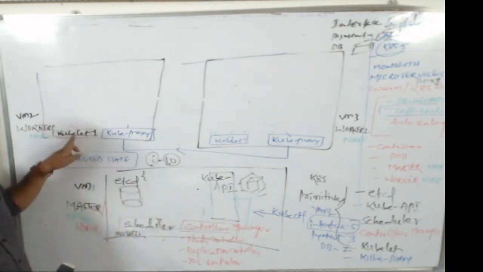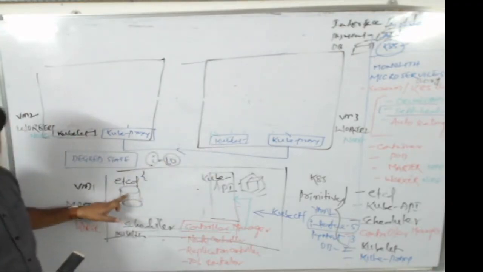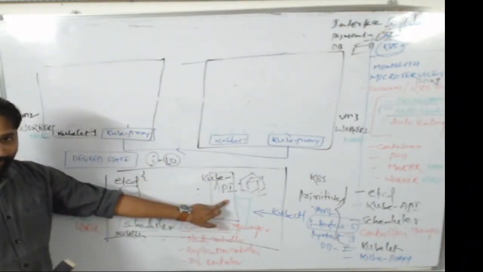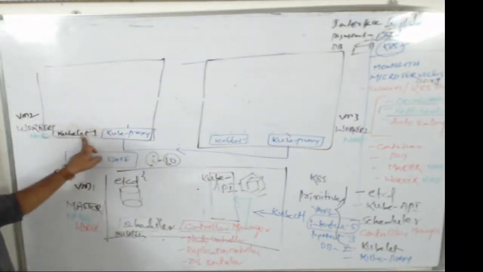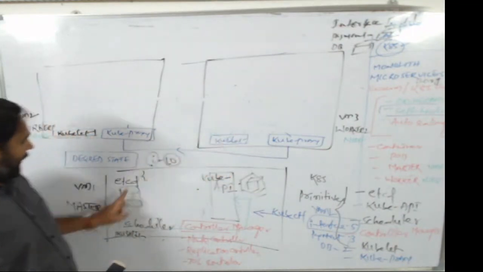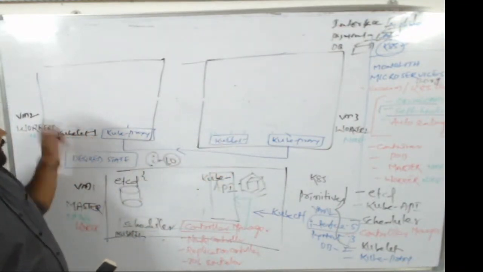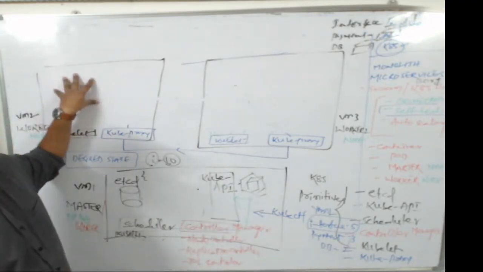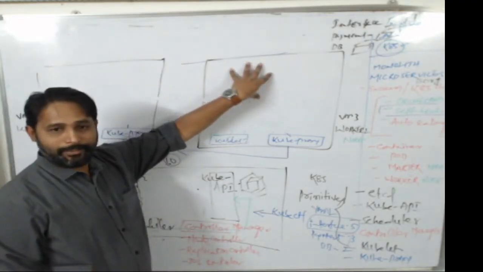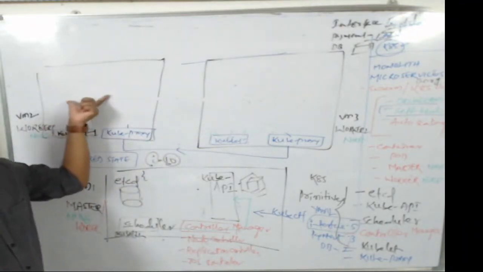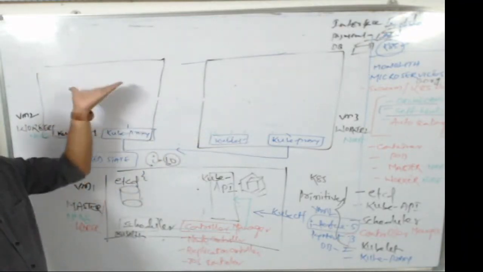So the scheduler decides what node the interface pod should go to and updates it. Alright? Then the kubelets are also monitoring etcd through the API. Everything happens through the API. Let's say in the desired state, we have decided 3 pods of interface should go here and 2 pods should go here. So this kubelet knows, okay, I need to launch 3 pods here. It goes ahead and launches.